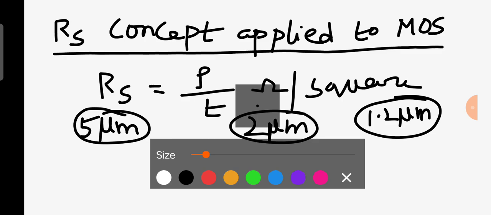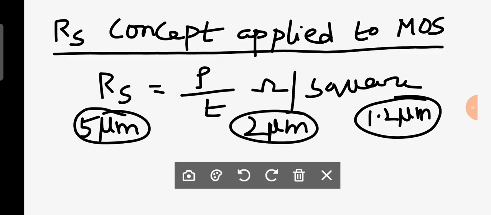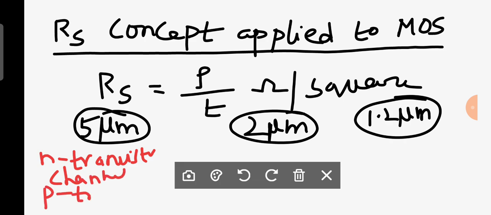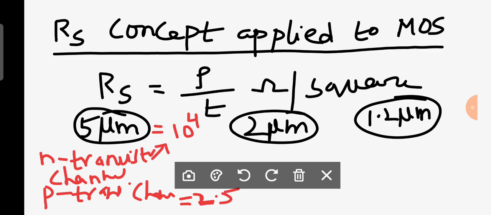Now you can observe that for 5 micrometer technology, if it is N transistor channel, or if it is P transistor channel: in 5 micrometer technology, if it is N transistor, then the value is 10 to the power of 4. If it is P transistor, then the value is 2.5 into 10 to the power of 4.